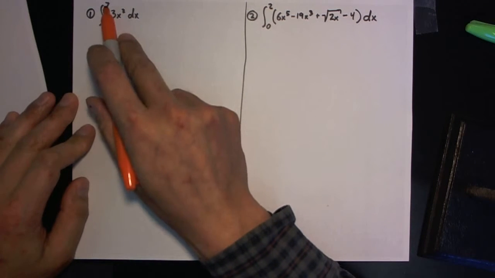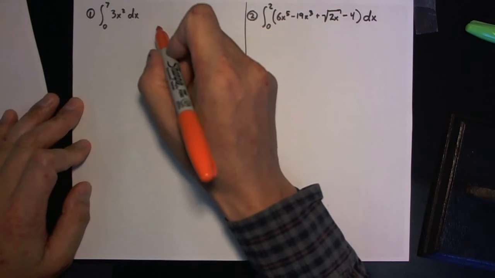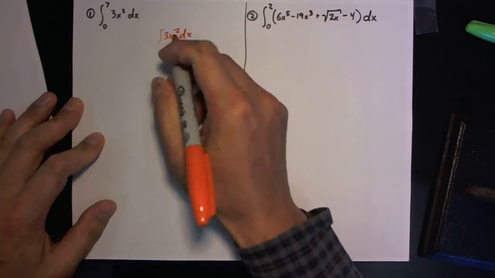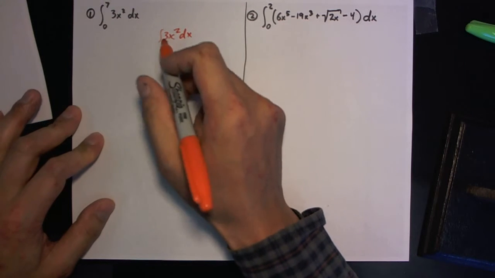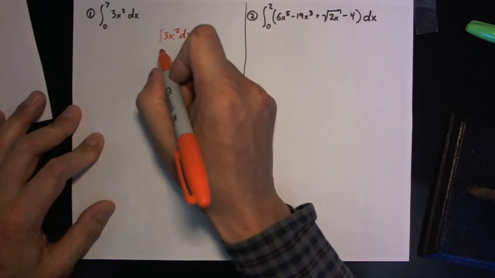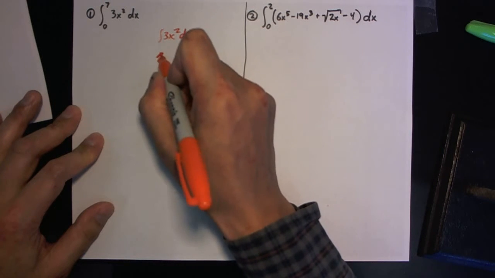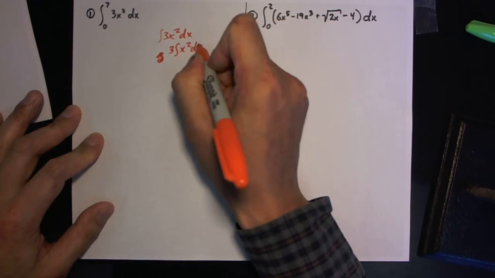All right, the definite integral from 0 to 7 of 3x squared dx. First step is to consider the integral of 3x squared dx. This is no addition or subtraction, so we just move the constant outside. So 3 times the integral of x squared dx.